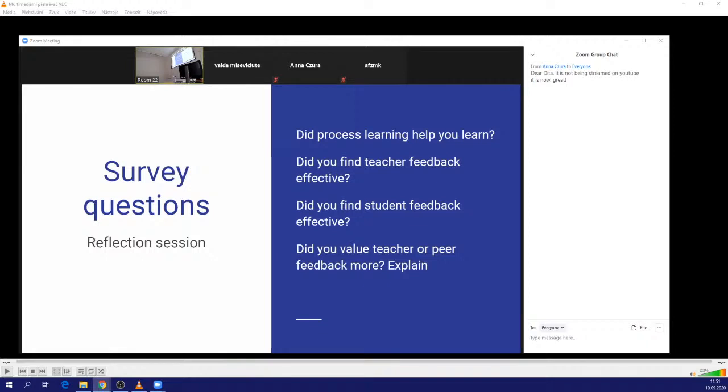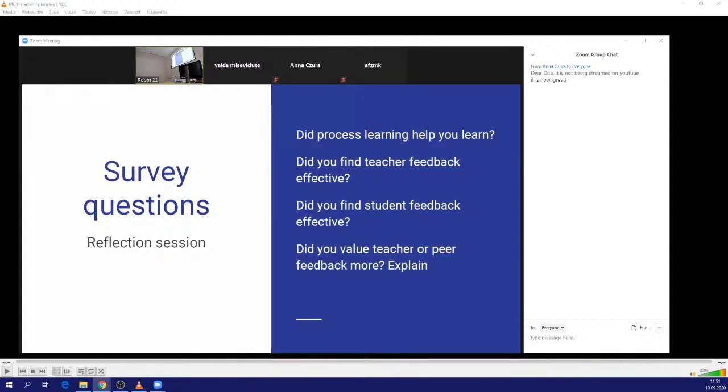I had a couple of survey questions. For me, the most important thing was to make sure that the process learning was really helpful. Did you find teacher feedback effective, student feedback effective? I wanted to know what kind of feedback they value more.